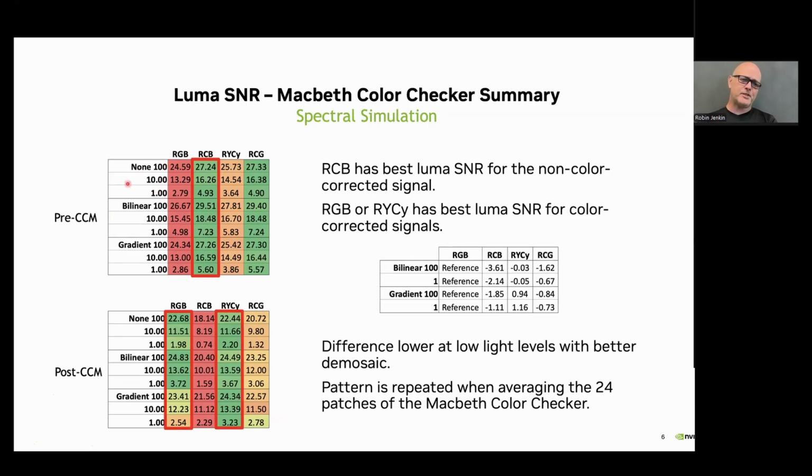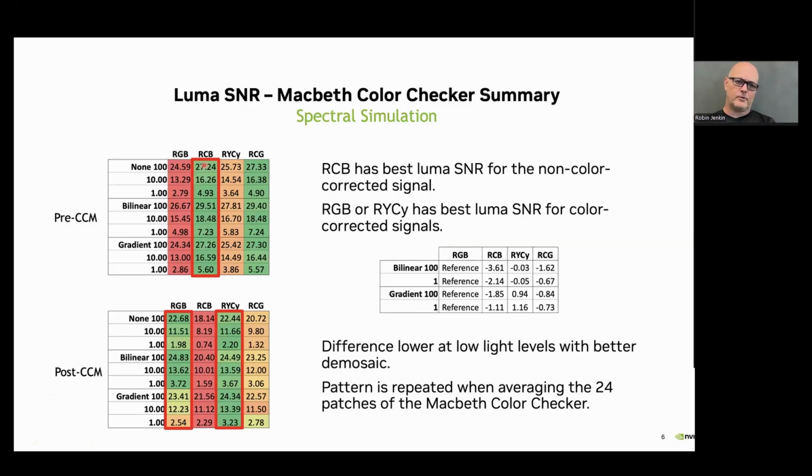And we can see pre-CCM, RCB clearly wins out, followed by RCG, and then RYCY and RGB. And we can see that there's a slight dependence on how sophisticated your demosaic is, but largely the results are very consistent.